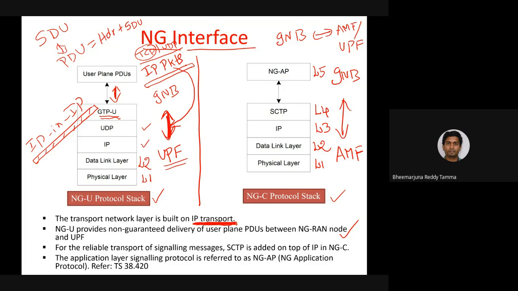But when you look at the control plane, where we are talking about the communication between base station and the AMF in the core network, we are using SCTP as the transport protocol, which is a reliable transport protocol like TCP. That way, whatever signaling messages that base station and AMF want to exchange with each other, they will be delivered 100%. That kind of guarantee we cannot give here in the case of user plane.